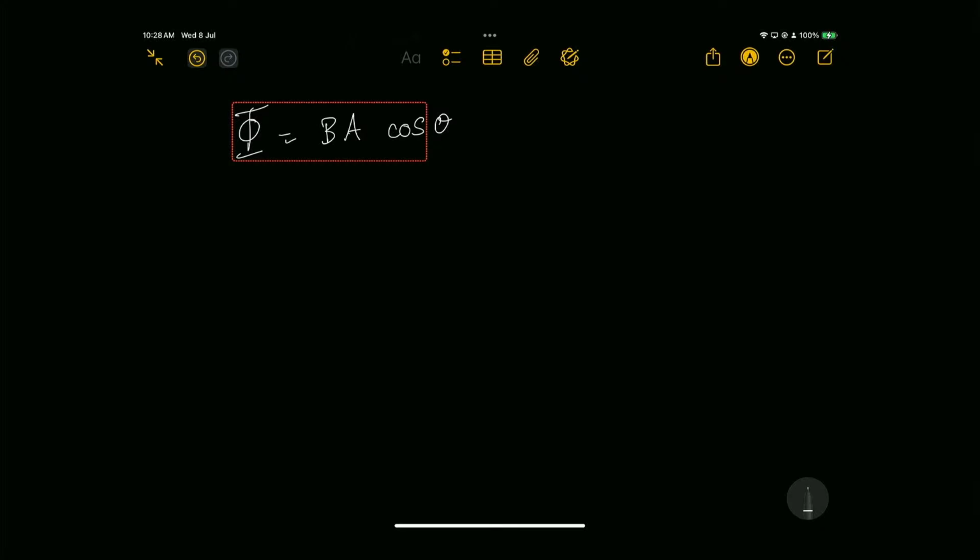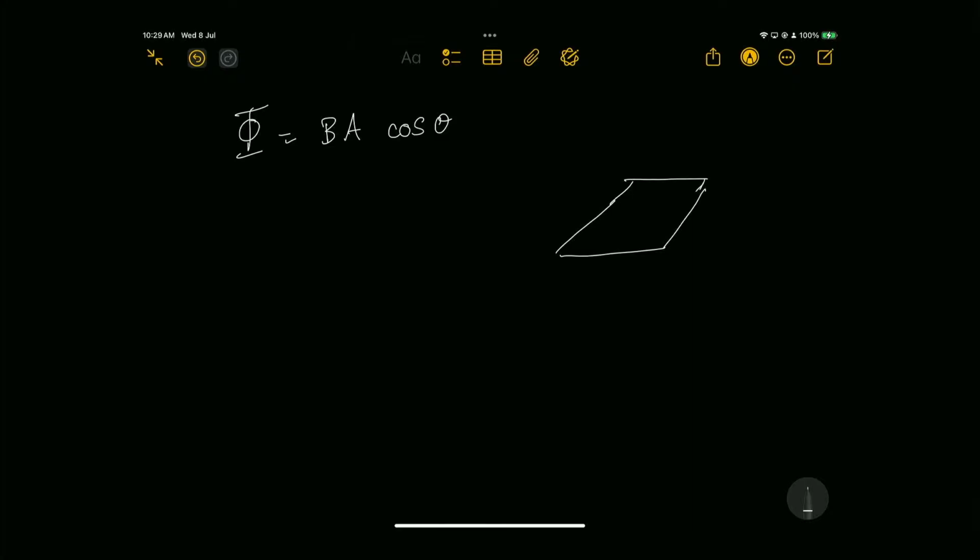Where if we have a surface, let's say this is the surface here. I'm trying to draw a 3D diagram on a 2D.